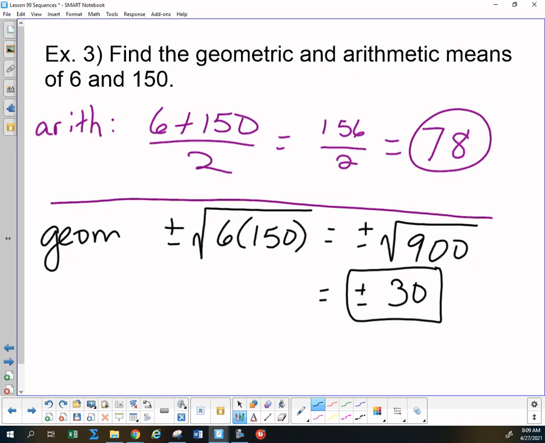So that would mean we could do 6, 30, 150, or 6, negative 30, 150. On the top one, I could simply multiply by 5 for the common ratio. On the bottom one, I'd be multiplying by negative 5 for the common ratio. So you see why we've got to have the two possibilities in there.